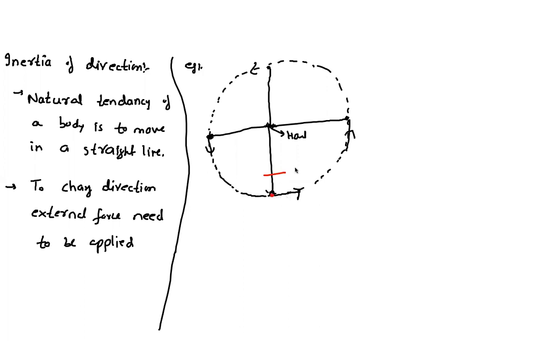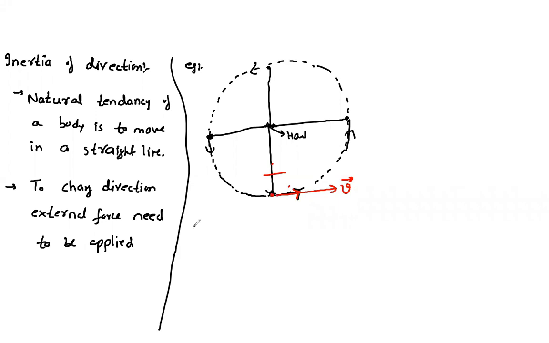Will it continue moving on the circular path, or will it go tangential? If the string breaks, the external force which was changing the direction of velocity will not be there. So its velocity direction will not change. It will move in a straight line, which means it will go tangential.